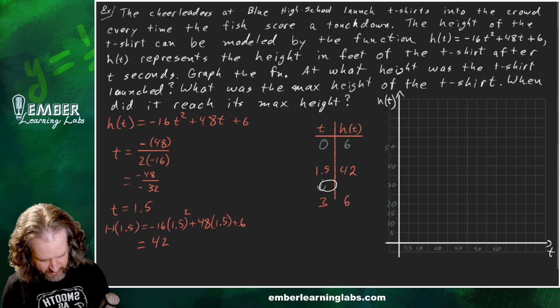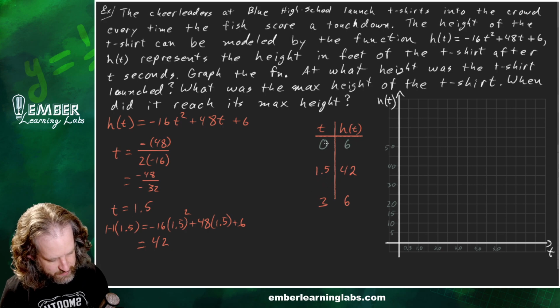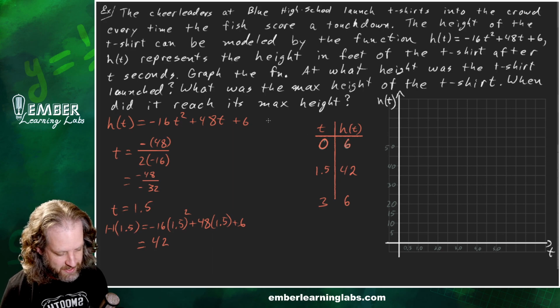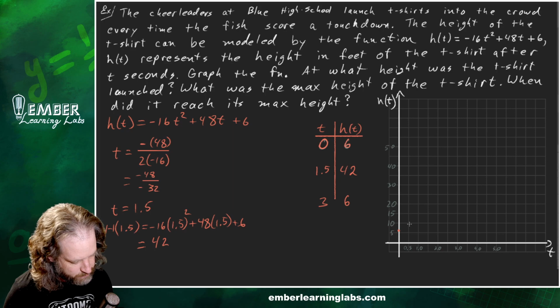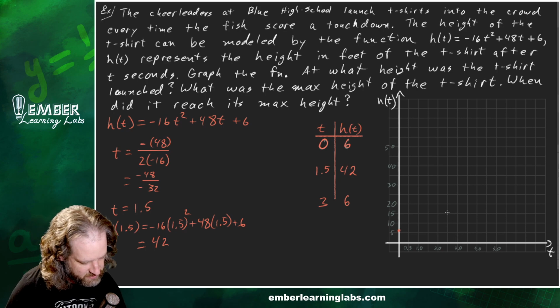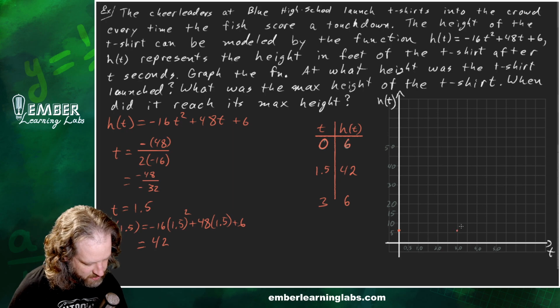So let's start plotting some of these points. Again, how do I know that it's 6? Because the one by itself is the intercept. So we've got this point right here, and then 3, 6 is right there.